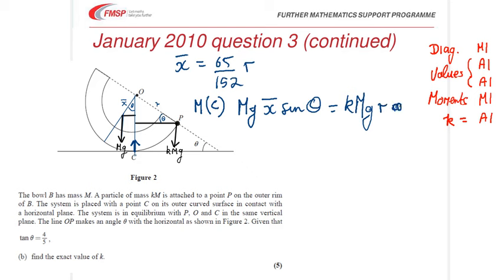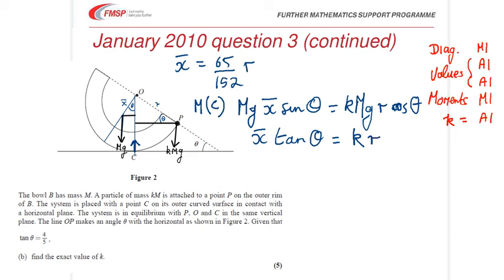Cos theta. Right, the mg's cancel. Let's divide sine by cos, so we'll get x bar tan theta equals, the mg's gone, x bar tan theta equals kr.